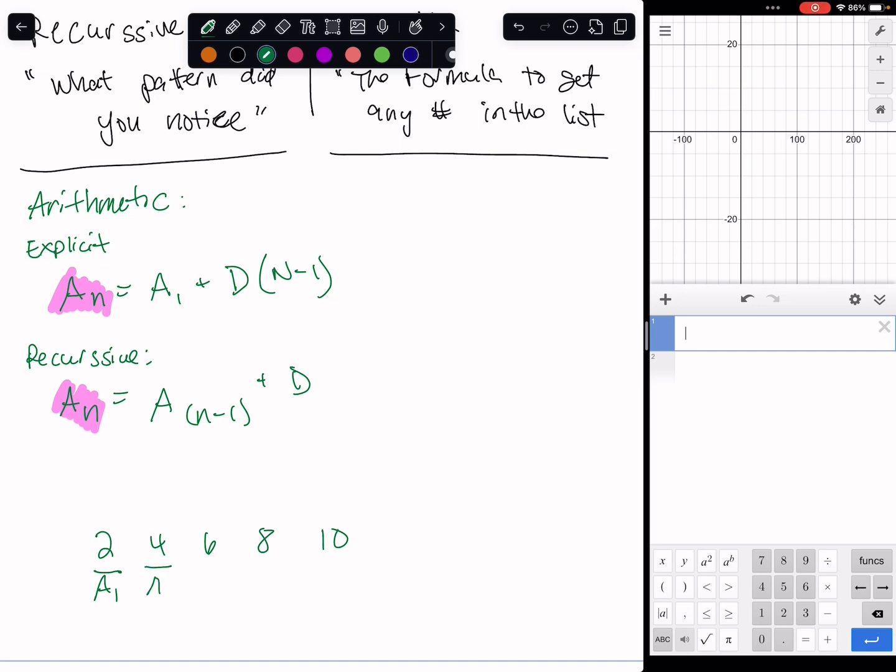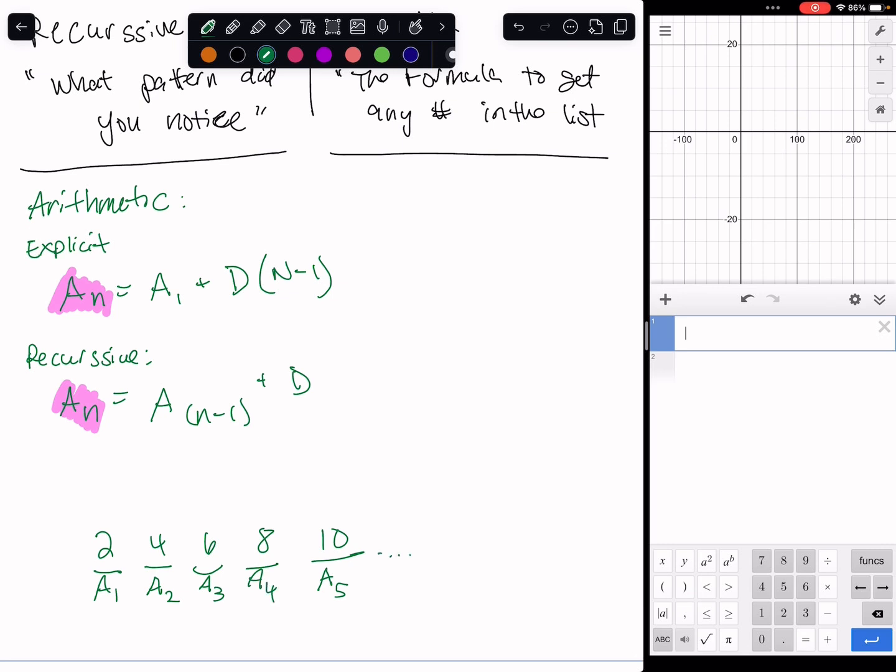This 4 is second in line, so that will be a 2. This 10 is fifth in line, so that will be a 5. The A with the small number just says, hey, that's the number we're looking for. We use a of n when we don't know what number we're looking for yet until somebody tells us. And this will be a 3, this will be a 4, and so on.